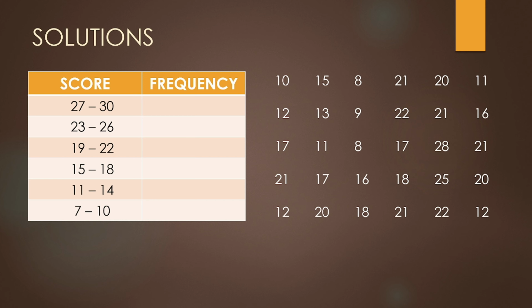Now let's have the frequency for 27 to 30. We have only one, we have 28. So the frequency is 1. For 23 to 26, we only have 25, so that's also 1. For 19 to 22, we have 1, 2, 3, 4, 5, 6, 7, 8, 9, 10. So we have 10.